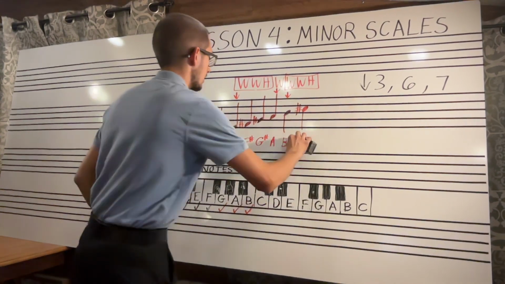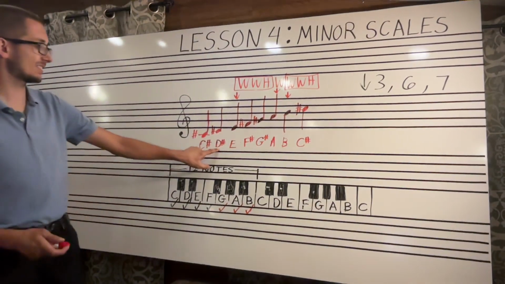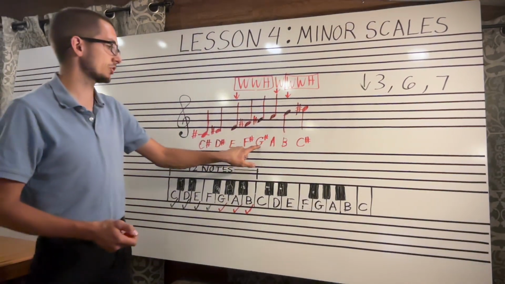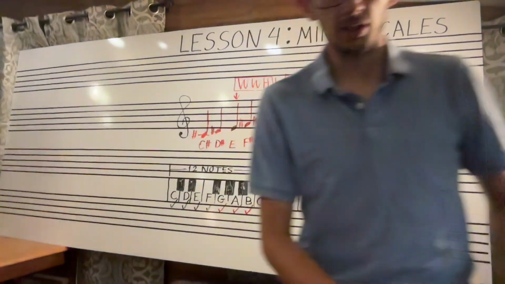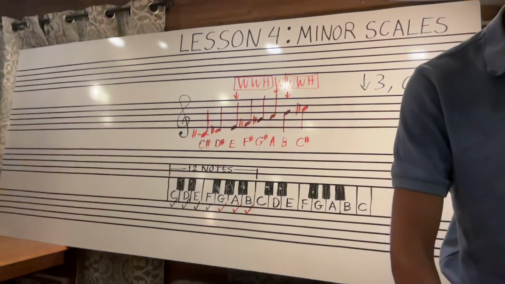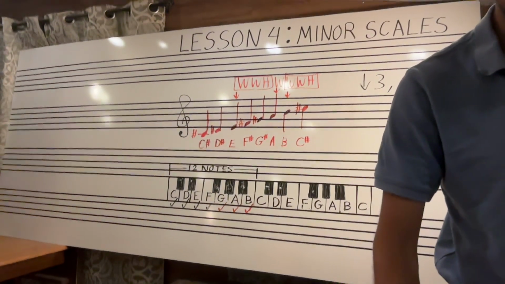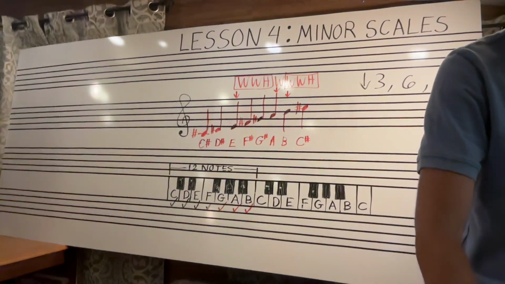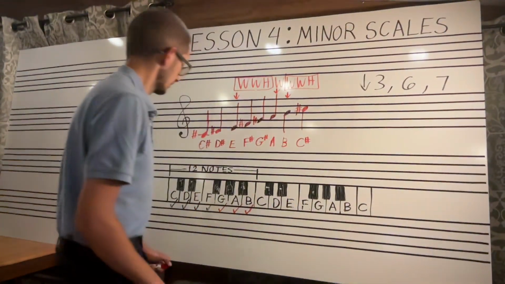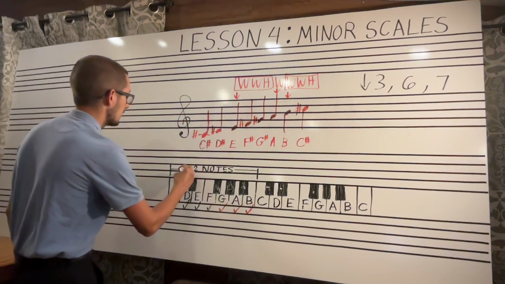So the notes of our C sharp natural minor scale are C sharp, D sharp, E, F sharp, G sharp, A, B, and C sharp. It sounds like this. So that's our C sharp natural minor scale.